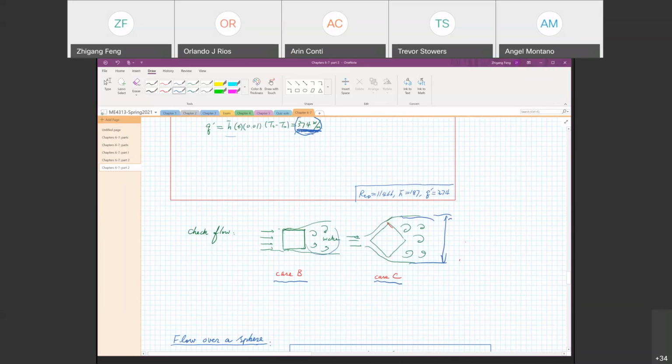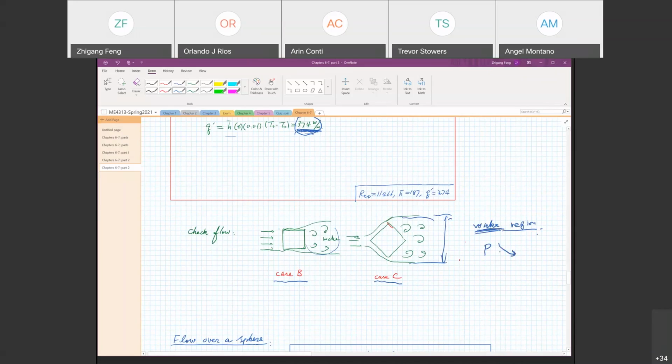And what are the characteristics of a wake region? If you have a wake region, what happens inside this wake region? The pressure is very small.